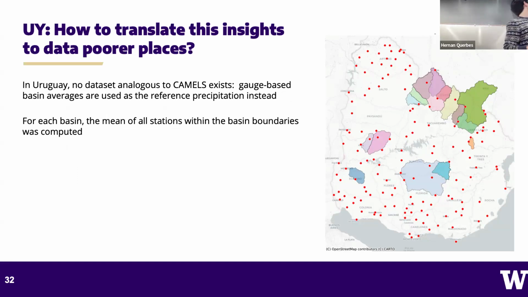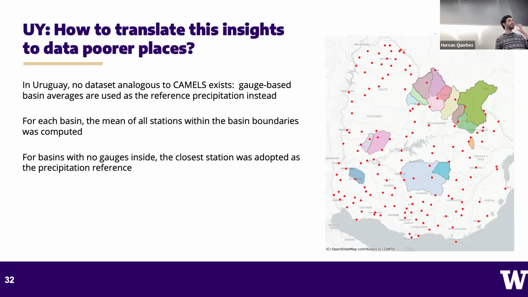If one gauge fell within the limits of a basin, I took that time series as representative for the whole basin. If more than one fell in the basin, I took the mean of those measurements. But if the basin did not have any gauges, I took the closest one. This is a huge approximation, but we are going to see if it helps or not.